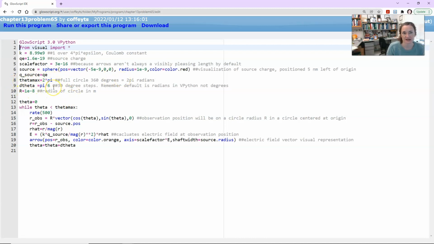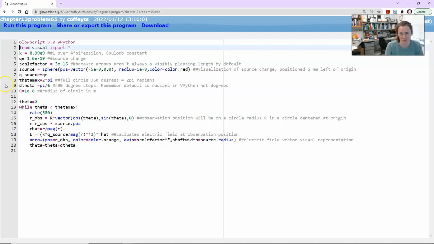Now my d theta, that's going to be my step size in my angle. And I wanted to do, say, 30 degrees. You could change it depending on the problem or depending on the detail level that you want in your map. But I'm going to say that my d theta, which is my delta theta, how much I'm stepping in each iteration, is 30 degrees. So that's pi over 6. Remember that in VPython, the default value for angle is in radians. And if you want it to not be in radians, you have to do something about it.